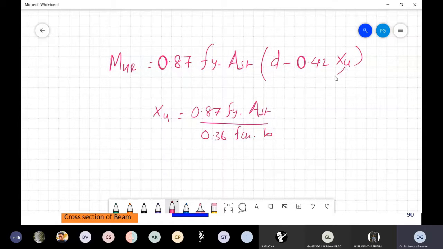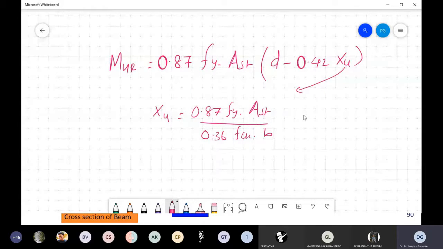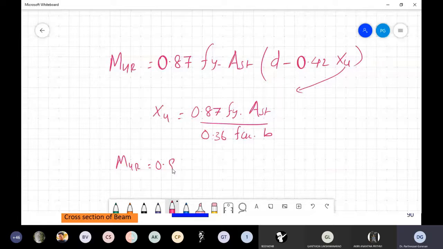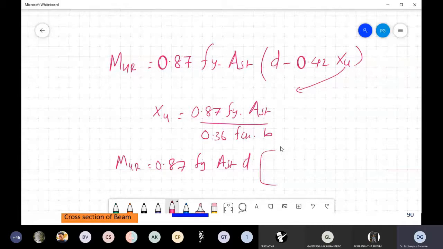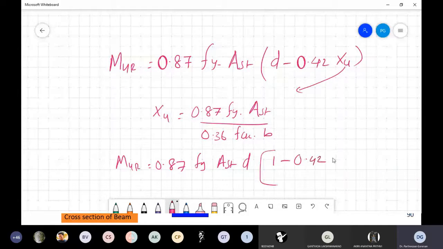Instead of XU, you substitute this. You will get, and you take this D out. So you will get MUR is equal to 0.87 Fy AST. I am taking D outside. So you have 1 minus 0.42.